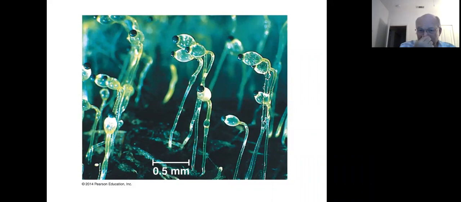And so Pilobolus adopts a strategy of having a sun-sensing organ on the tip of the sporangium, and it tracks the sun. And the reason why it tracks the sun is because cows eat grass. Grass grows in the sun.